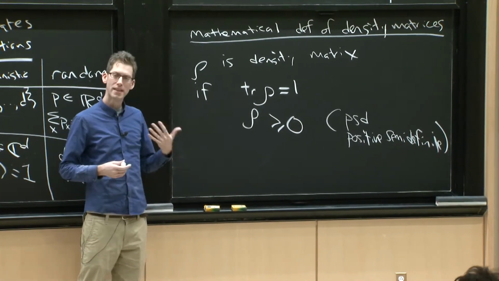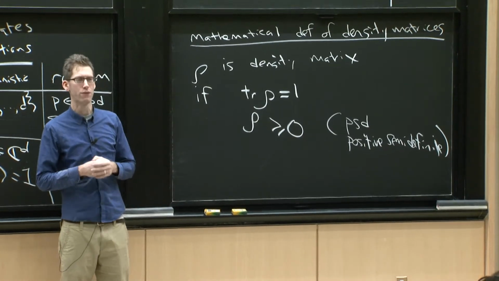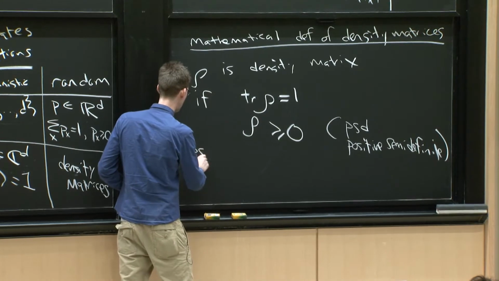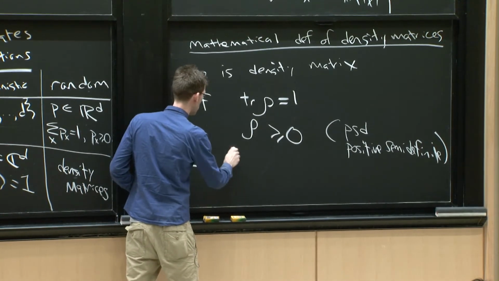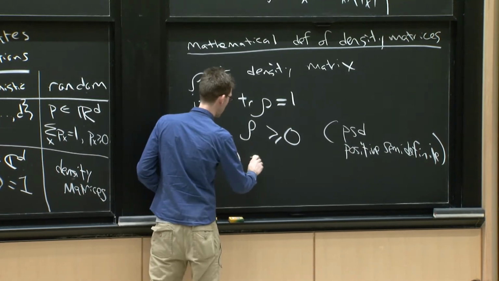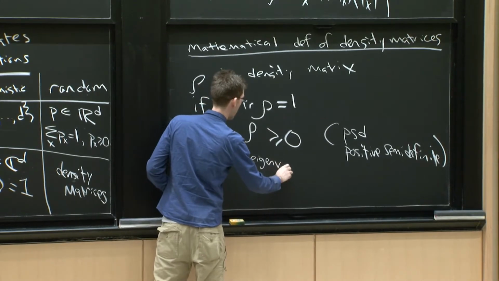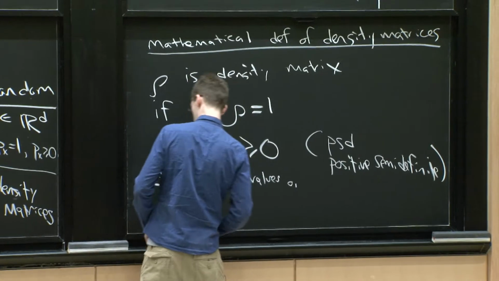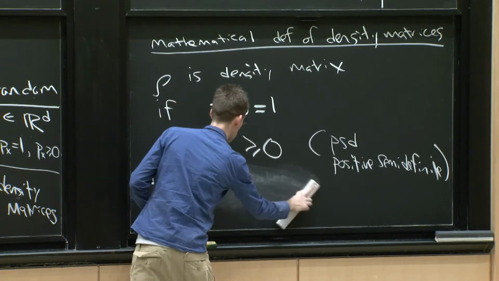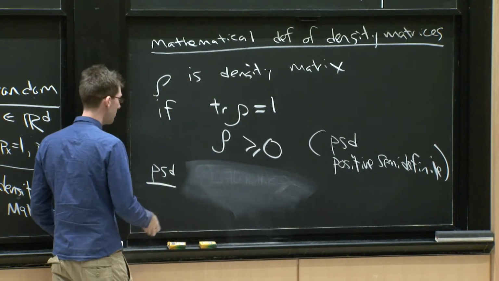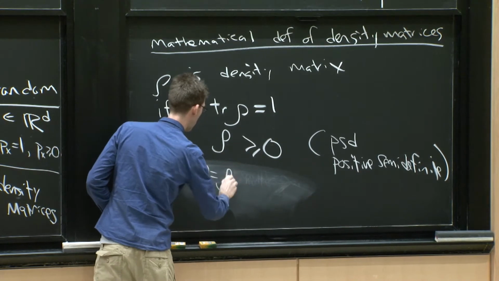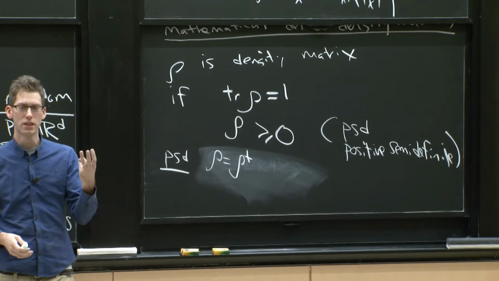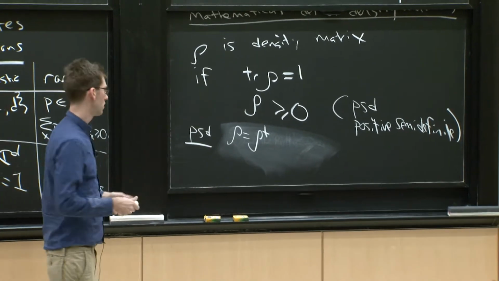OK, so what does positive semi-definite mean? There are 3 equivalent definitions of this. PSD means that rho is Hermitian, and there are 3 more conditions, all of which are equivalent.